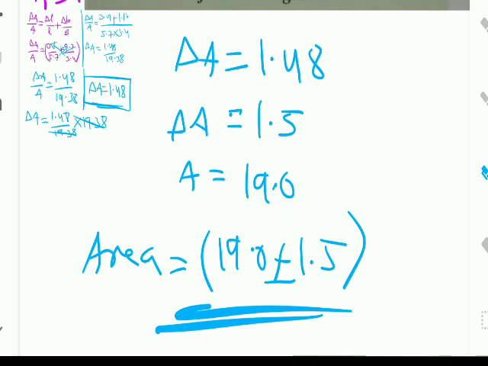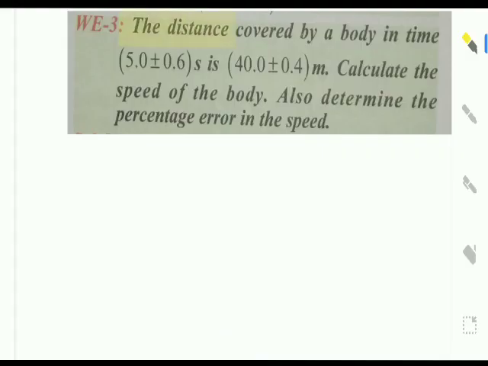This is the answer. The distance covered by a body in a time of 5.0 plus or minus 0.6 seconds is 40.0 plus or minus 0.4 meters. Calculate the speed of the body. Also determine the percentage error in the speed. He is asking for the speed of the body and the percentage error in the speed.